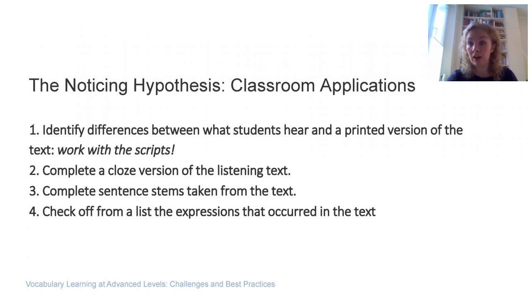It means that you have to work with scripts of the audio listening or tasks you do. For example, you could complete a gapped version of the listening text. You can complete sentence stems taken from the text. You can check off from a list of expressions that occurred in the text. So these are the kinds of things you can do with the script.